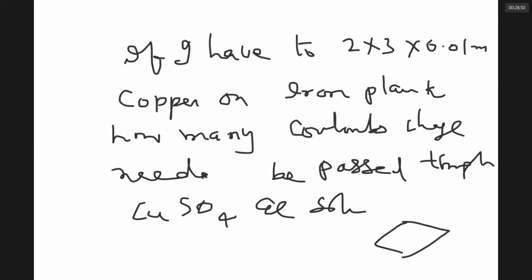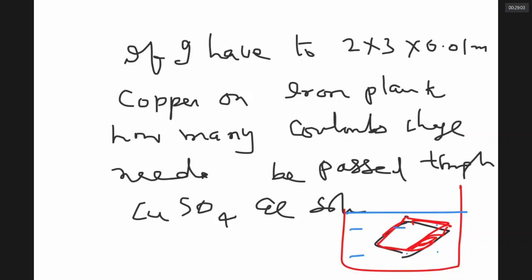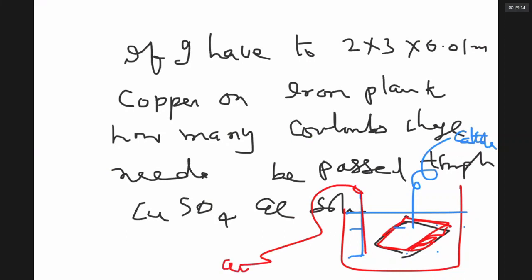On this plank, I want to coat copper. That is my dream. If I want to coat copper, I should place the plank in a vessel that contains copper sulfate. The object on which I want to coat copper is to be taken as cathode. Pure copper wire is to be taken as anode.